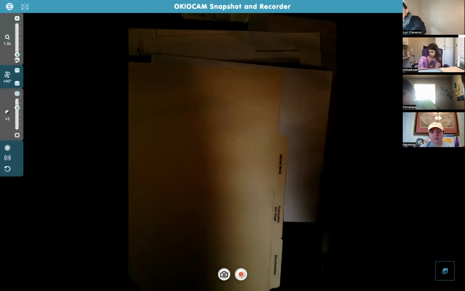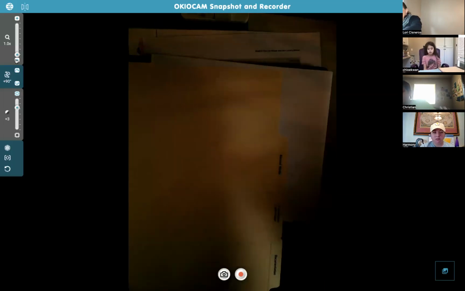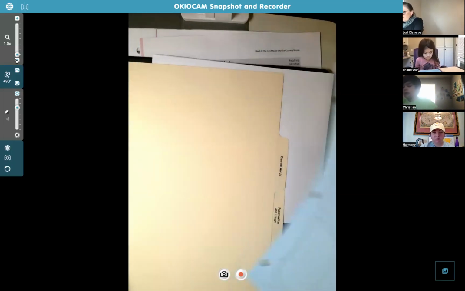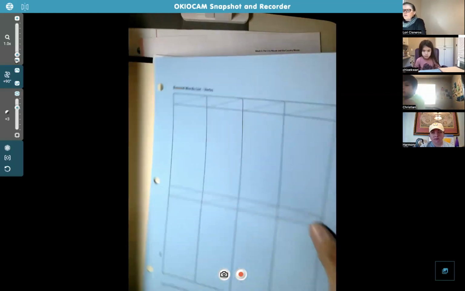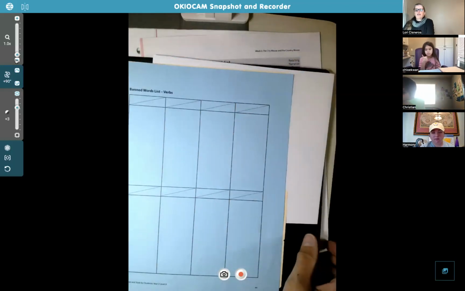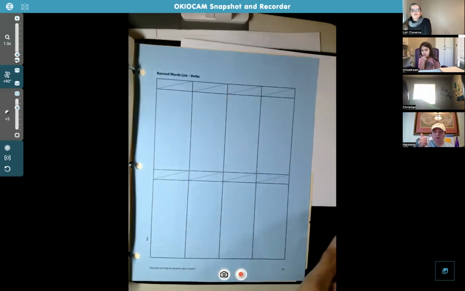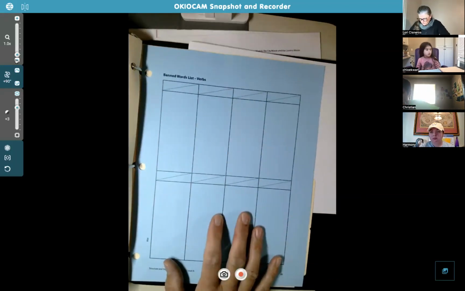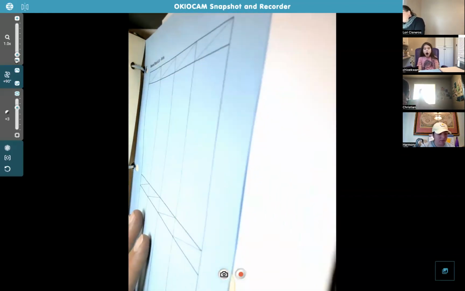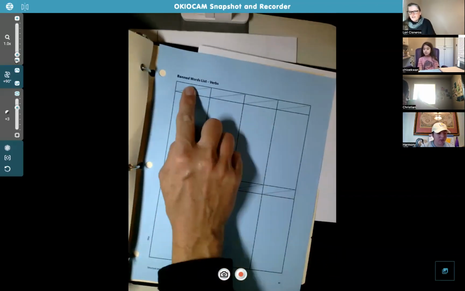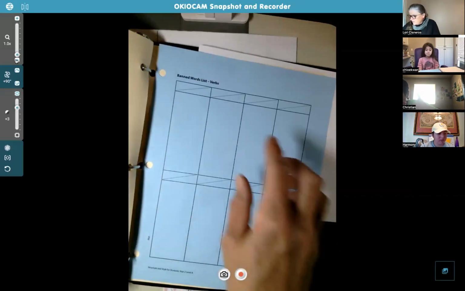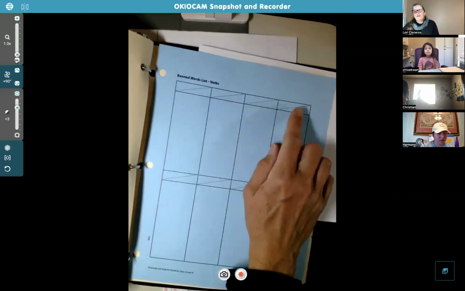Some of my students are still working on the other story. So behind banned words, you should have this blue page here. Give me a thumbs up if you have that in there. Oh, good. And do you see say said should be here, and then see saw, and then go went, and then think thought.